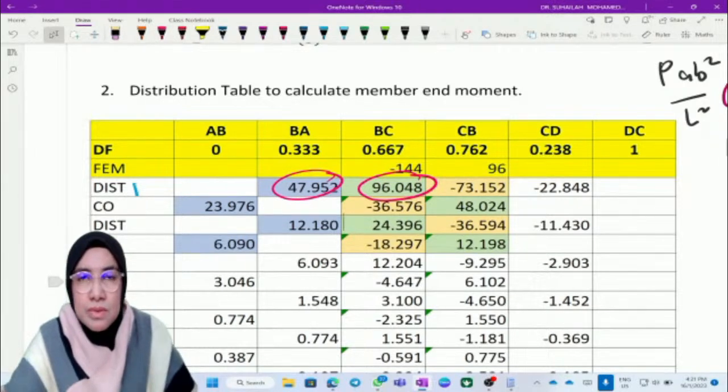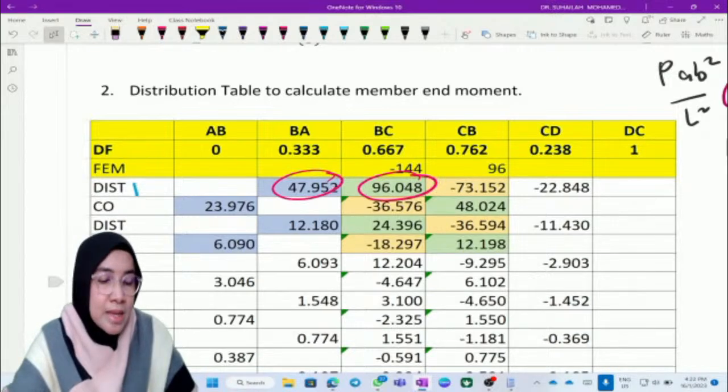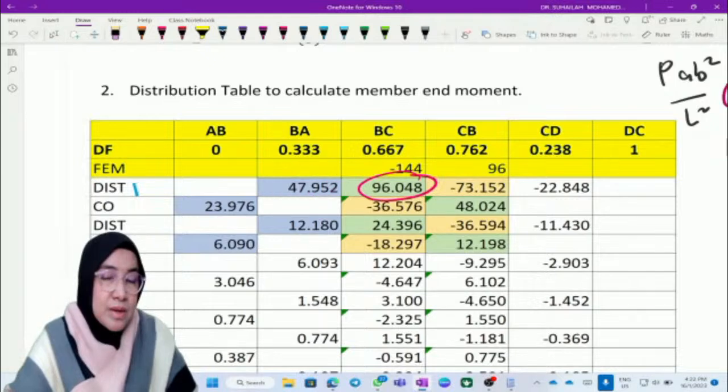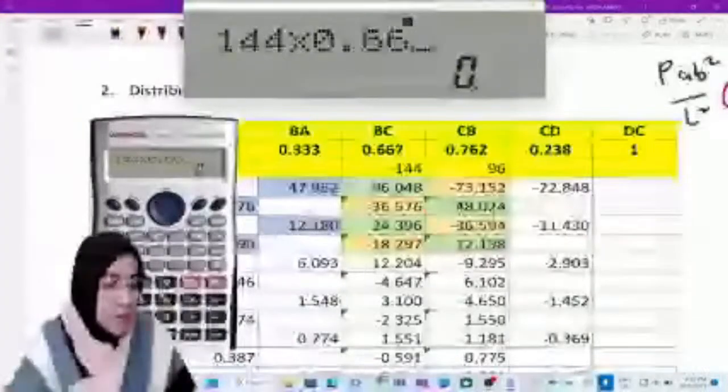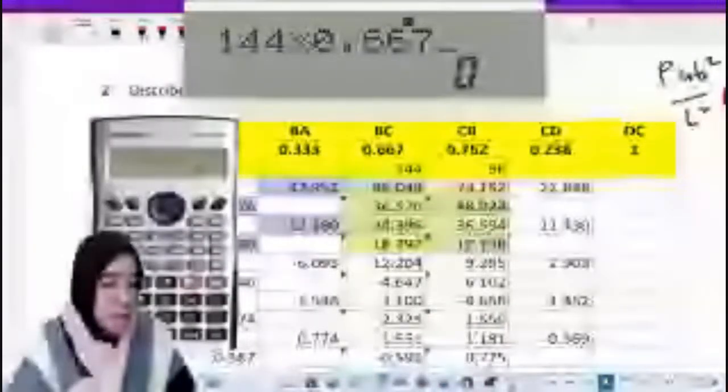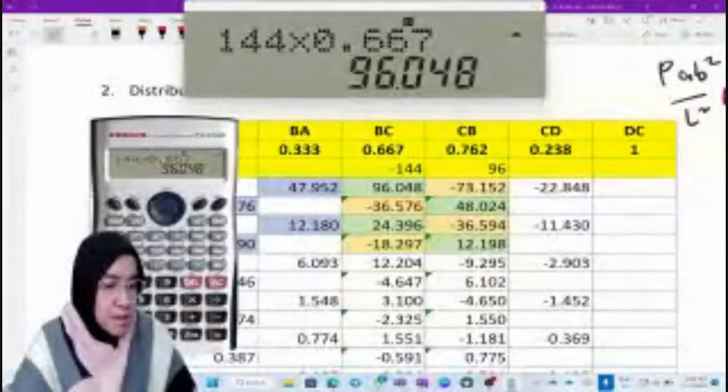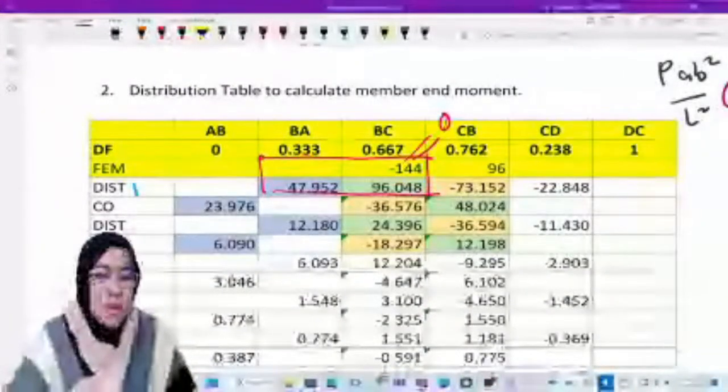Either we repeat the process again, or, since 144 is positive with factor 0.667, we get 96.04, the difference between 144 and 47.9. This is just for first checking.